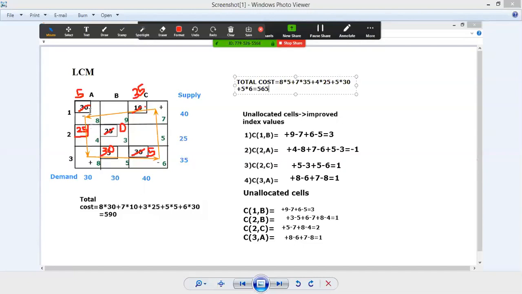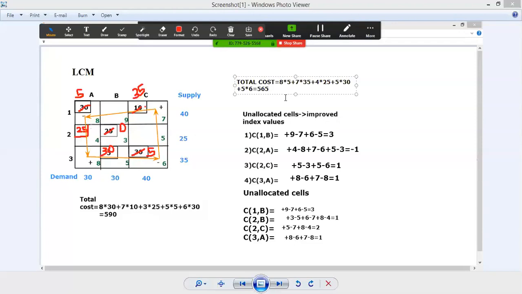That is, 8 into 5, 7 into 35, 25 into 4, 5 into 30, 5 into 6, which is equal to 565.